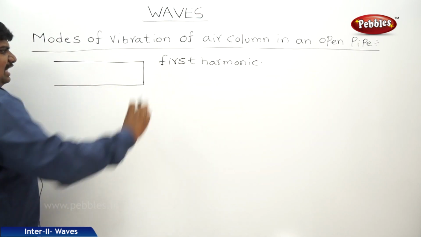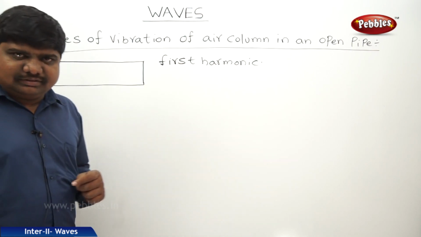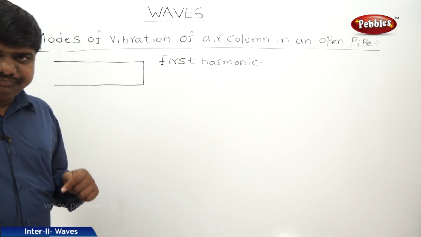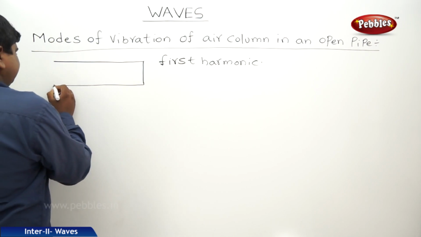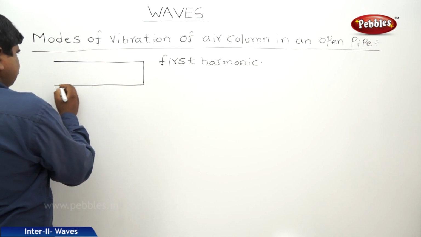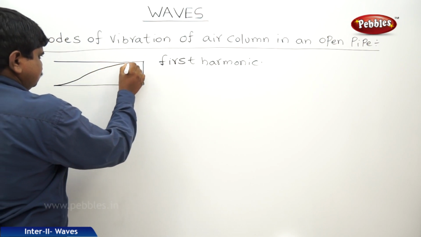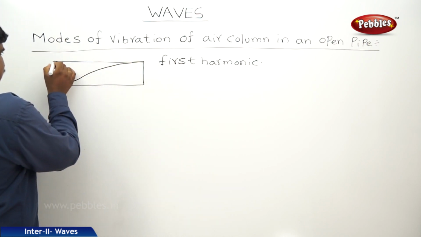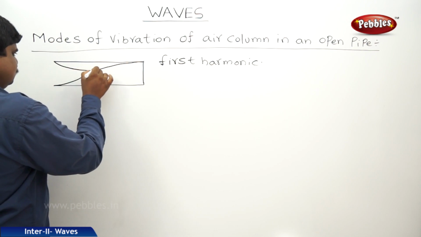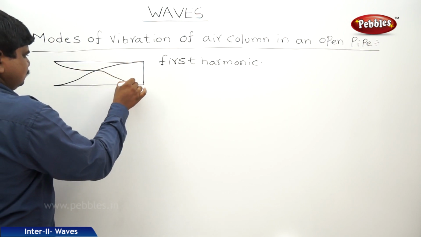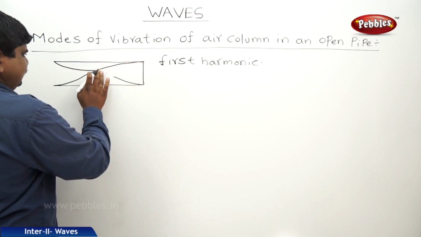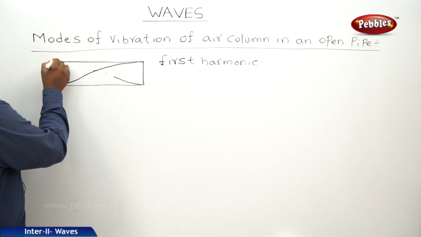This rigid end acts as an obstacle for the blown sound wave. So for this purpose, like this. If you want to see the clear picture, it will be like this.